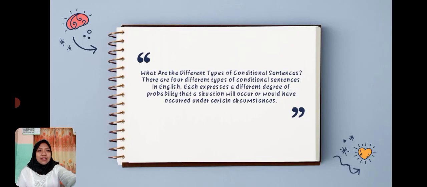Okay, next. What are the different types of conditional sentences? There are 4 types of conditional sentences in English. Each expresses a different degree of probability that a situation will occur or would have occurred under certain circumstances.